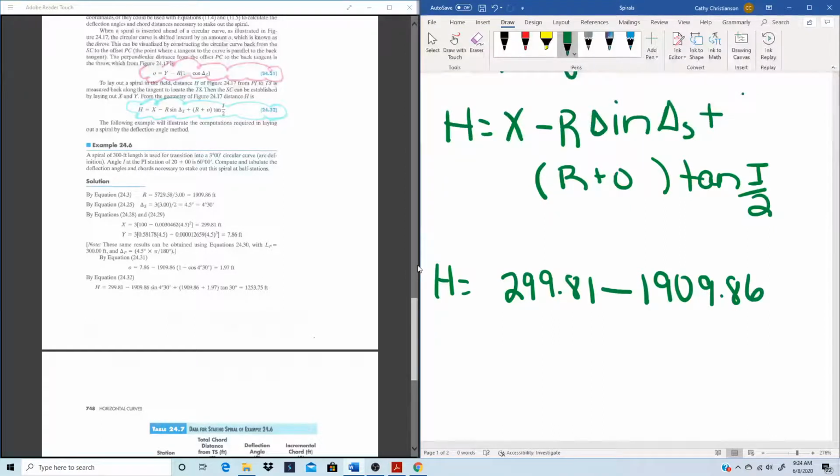and then I'm kind of breaking it down. This is supposed to be sine 4 degrees 30 seconds.